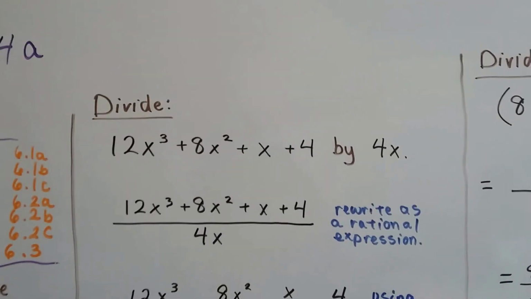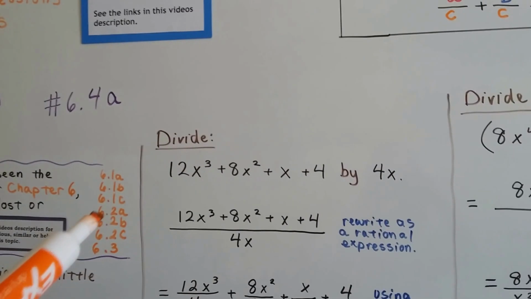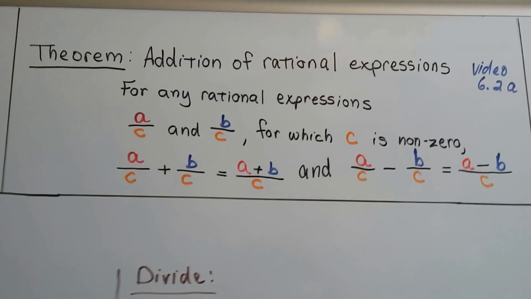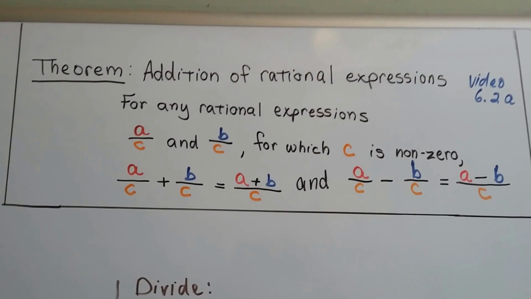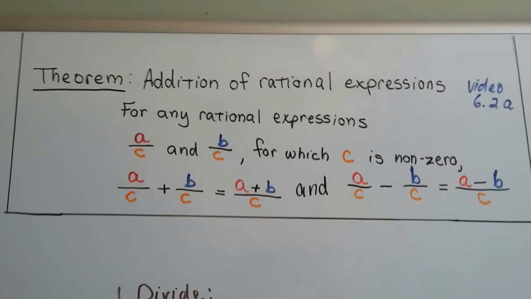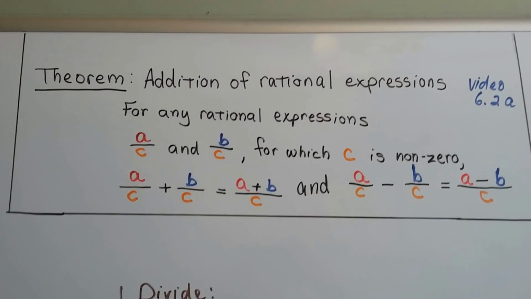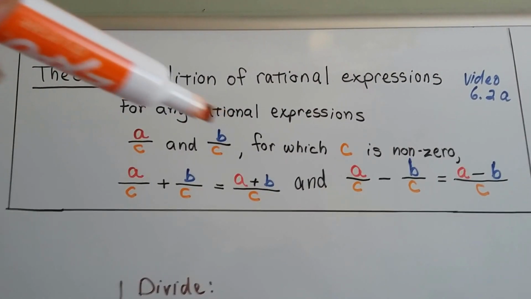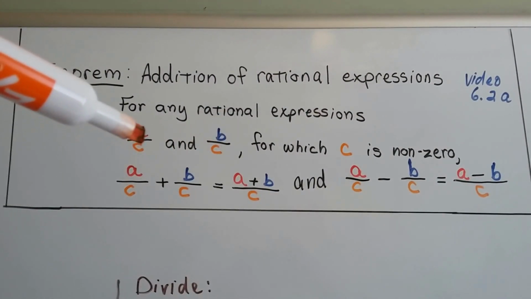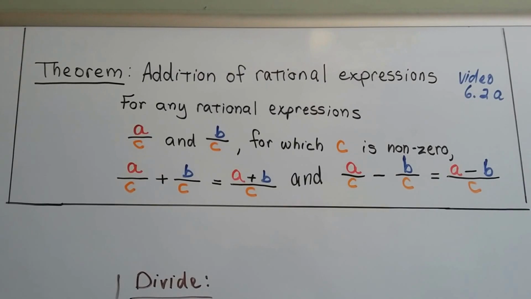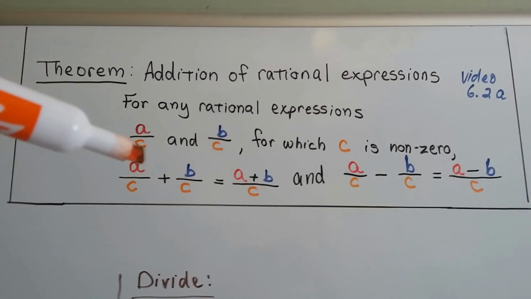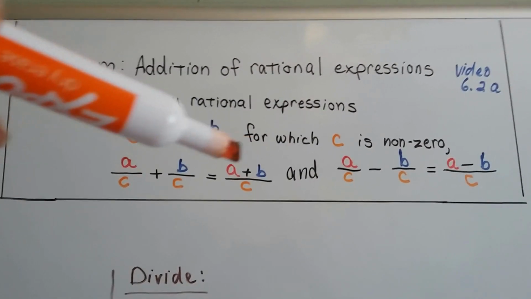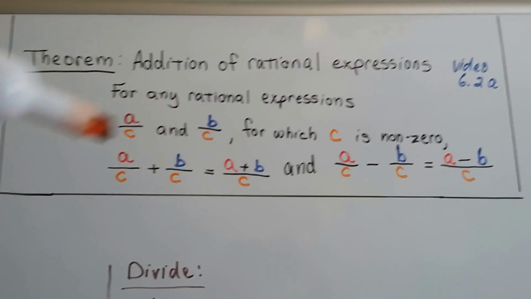All right? So if you watched the video from 6.2a, you saw this theorem, and we talked about it, and we had a lesson on this. It's the addition of rational expressions. For any rational expressions, if we've got 2 rational expressions with the same denominator, as long as that denominator is not 0, because that'd be undefined, right? We could take these and write them over the fraction bar with the c, see that?